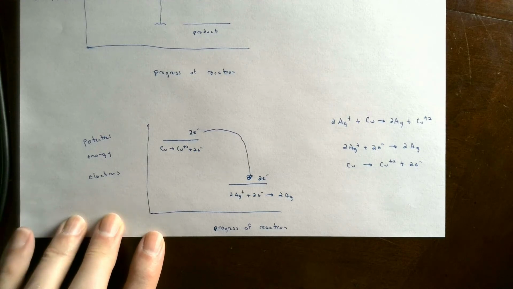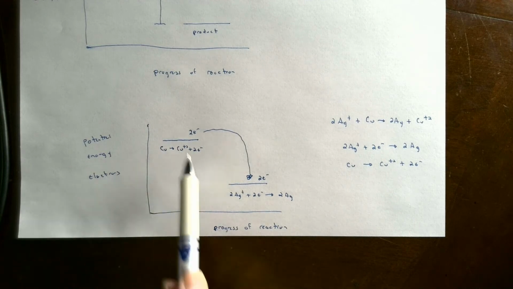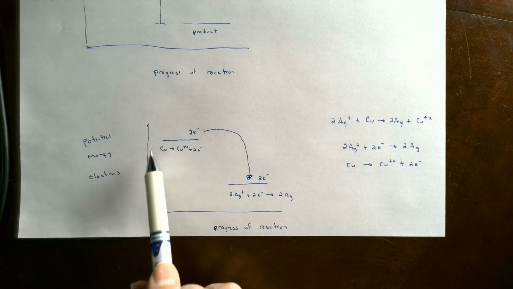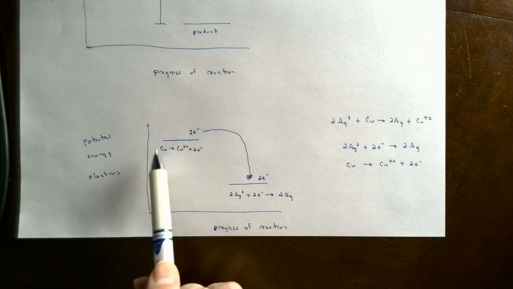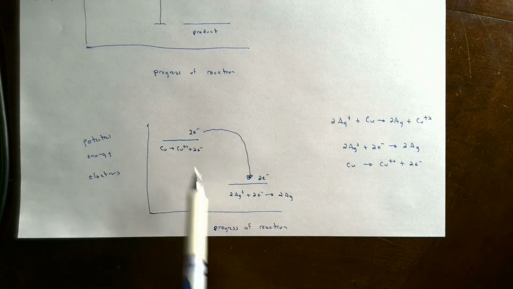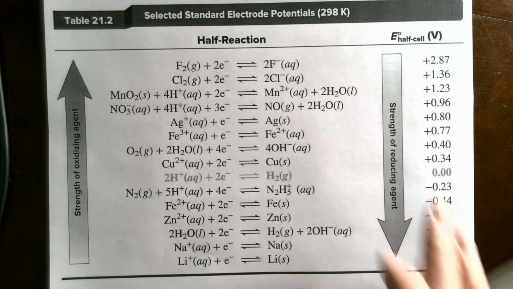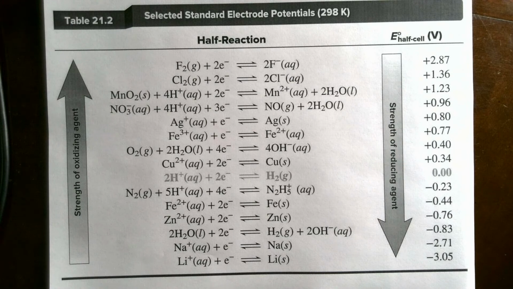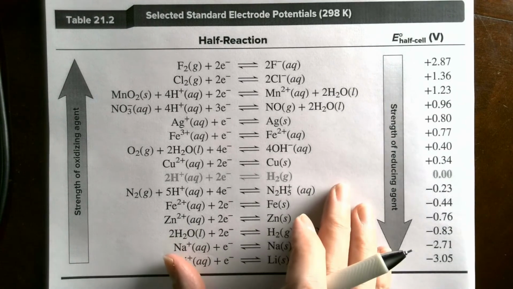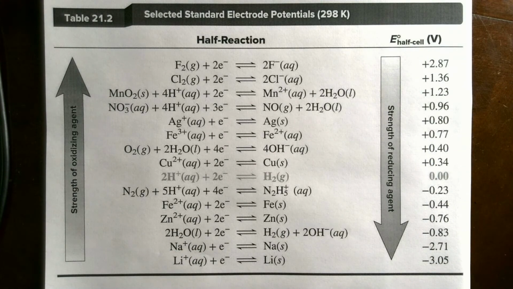Now, the thing about it is, how did I know that this one is higher energy than this one? It turns out that we can measure the energy of the electron in a half reaction. And when we measure that potential energy, we call it an electrode potential or a standard reduction potential. That's probably a better term for it, a standard reduction potential.